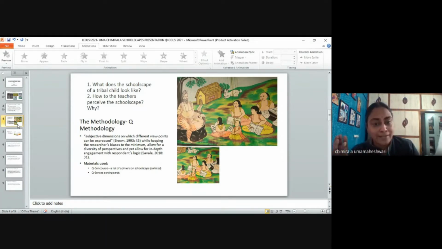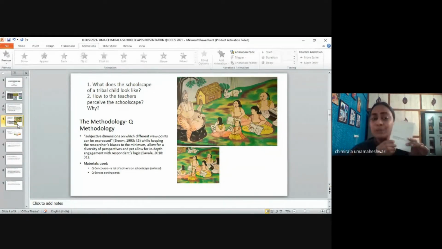So we wrote that as an opinion, citing the newspaper article saying that Schoolscape is to make the place beautiful. If you walk into a kindergarten, definitely it makes the place beautiful. But if you walk into my university at Nalsar, University of Law, the Vice Chancellor's office area is full of laurels. We have those cups and medals kept there. So the Schoolscape is telling you certain things. It's just that we are not paying attention to it.